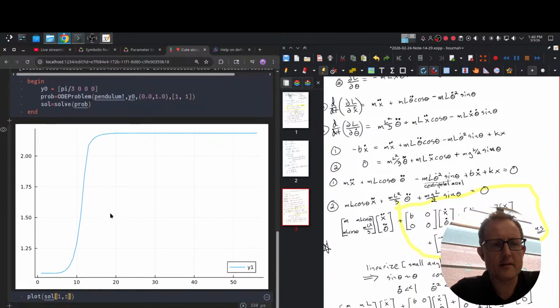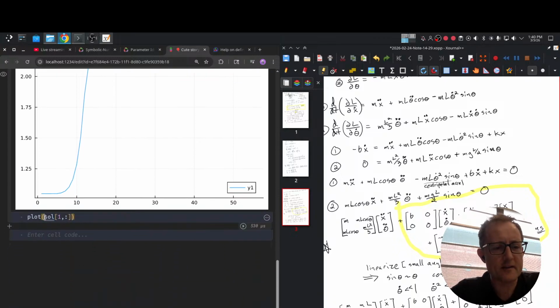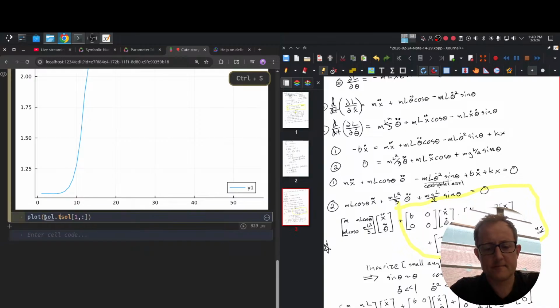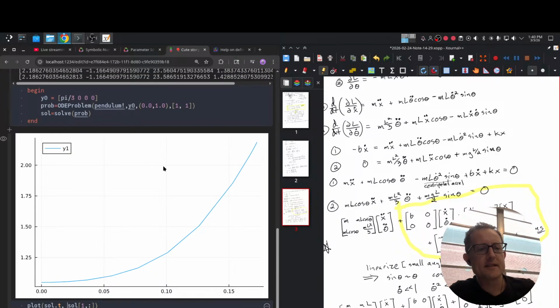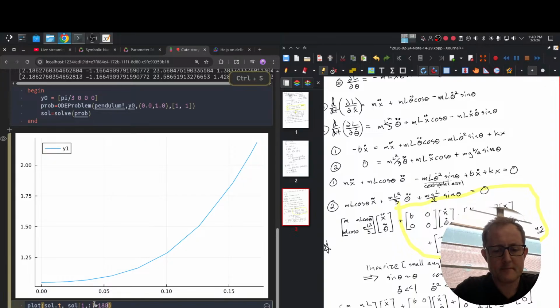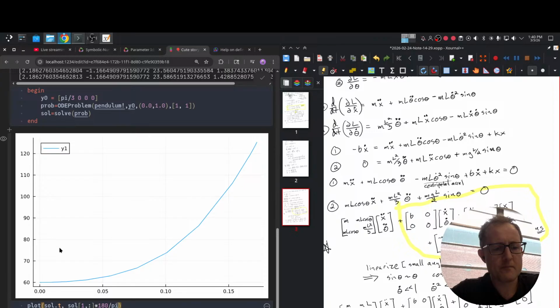All right, so now I'm starting to get a little closer, huh? Okay, so now I can see time versus angle. I'm pretty sure this is the angle. Starts at 60 degrees and goes up to 120.